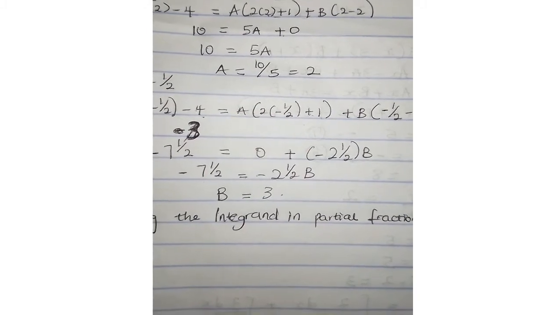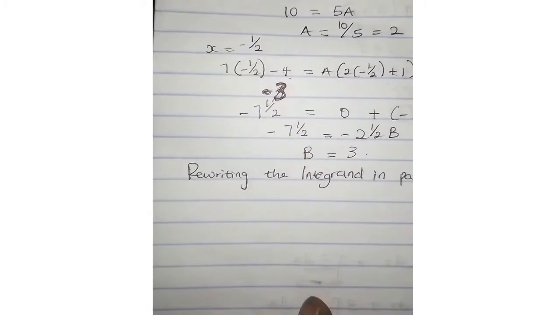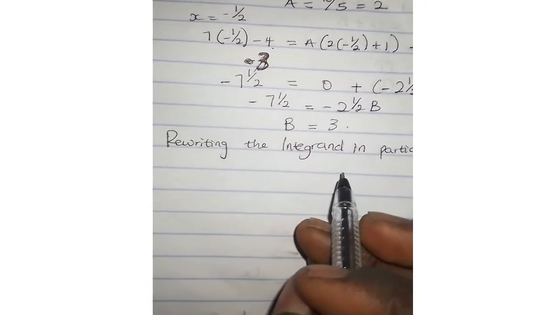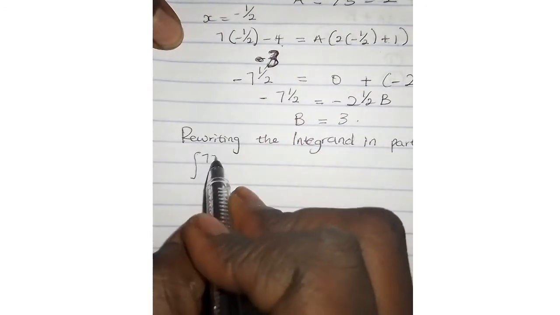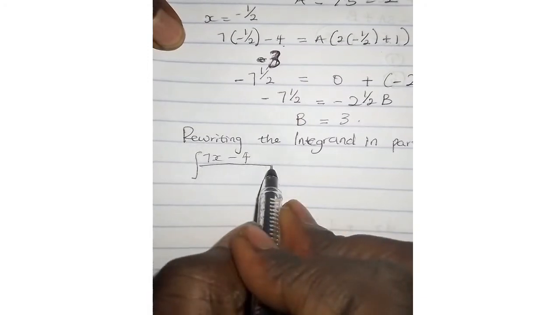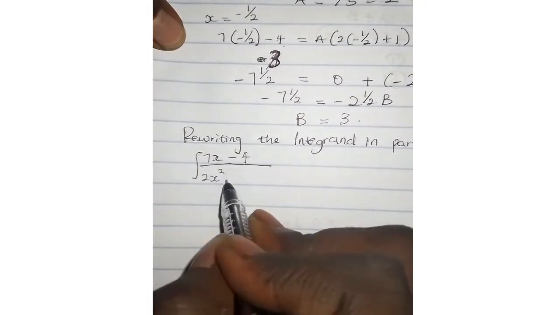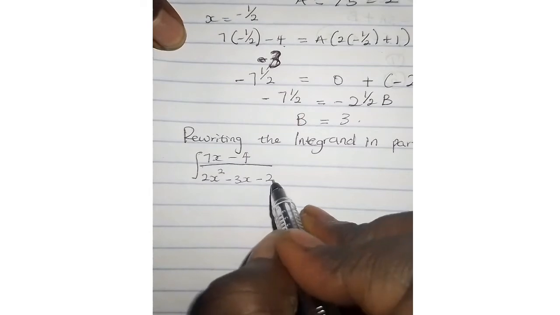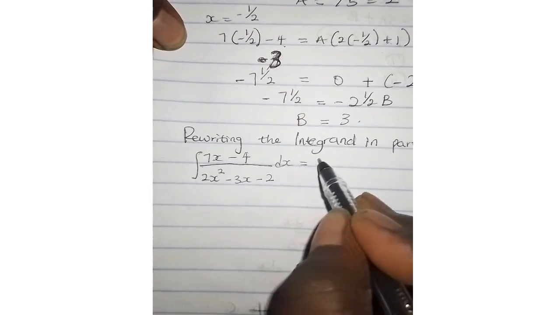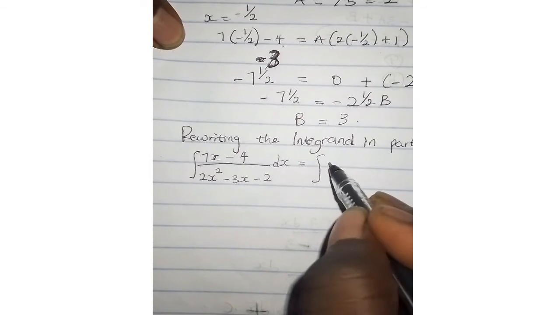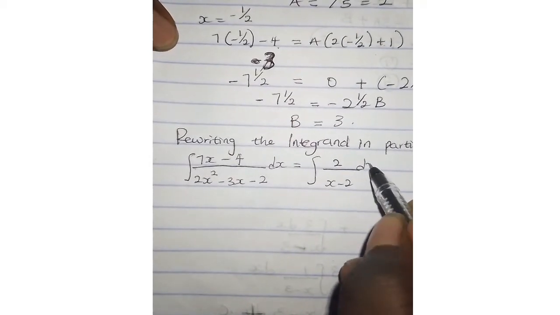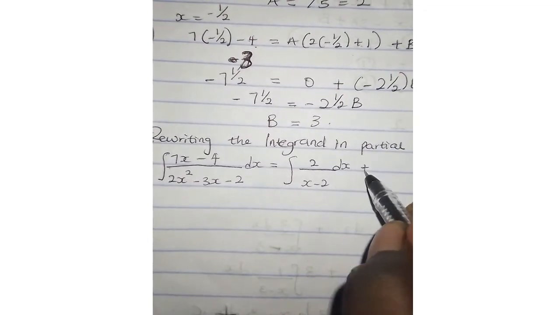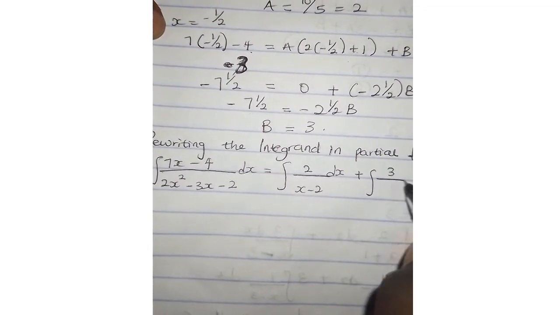So now the integral of 7x minus 4 over 2x squared minus 3x minus 2 dx is going to give us the integral of a, which is 2 over x minus 2 dx, plus the integral of 3 over 2x plus 1 dx.